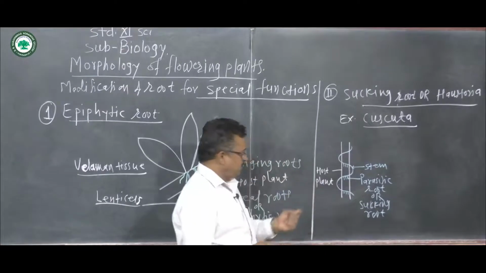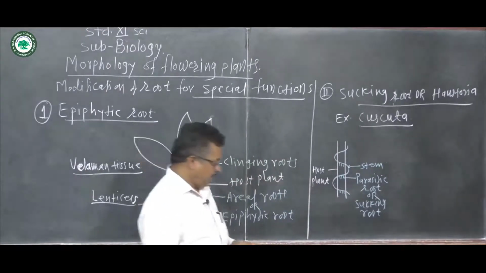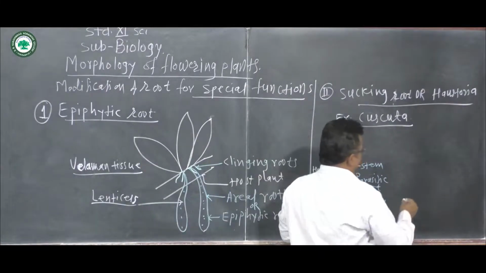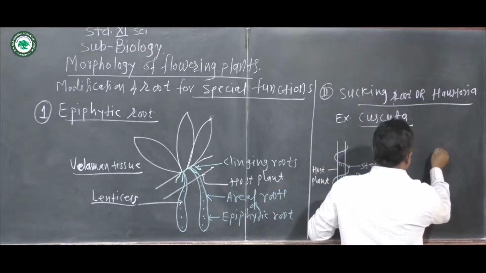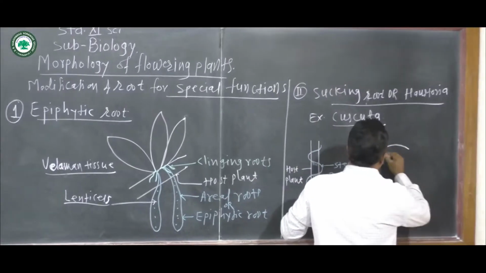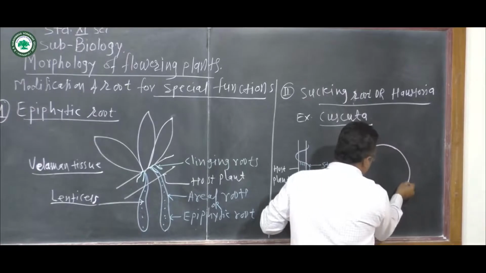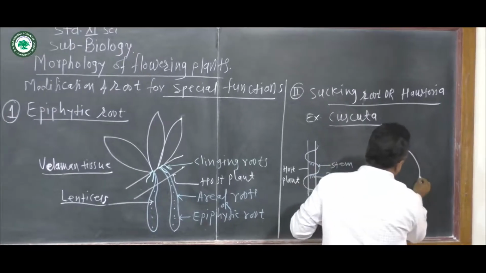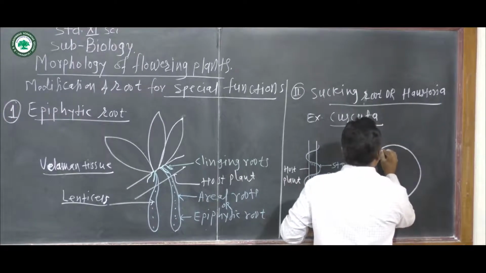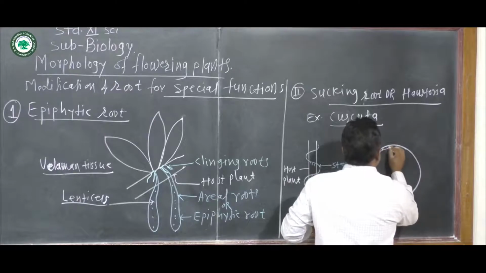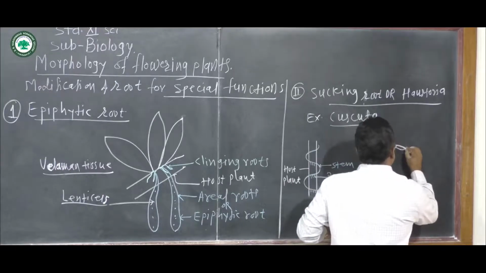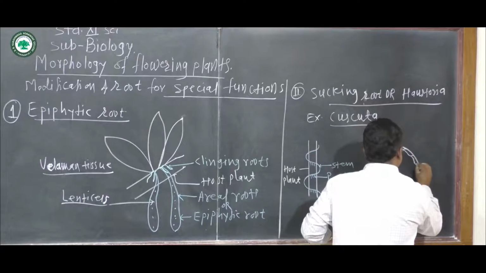They develop these parasitic roots and insert them in the body of the host plant, and they rob the food and water and minerals.